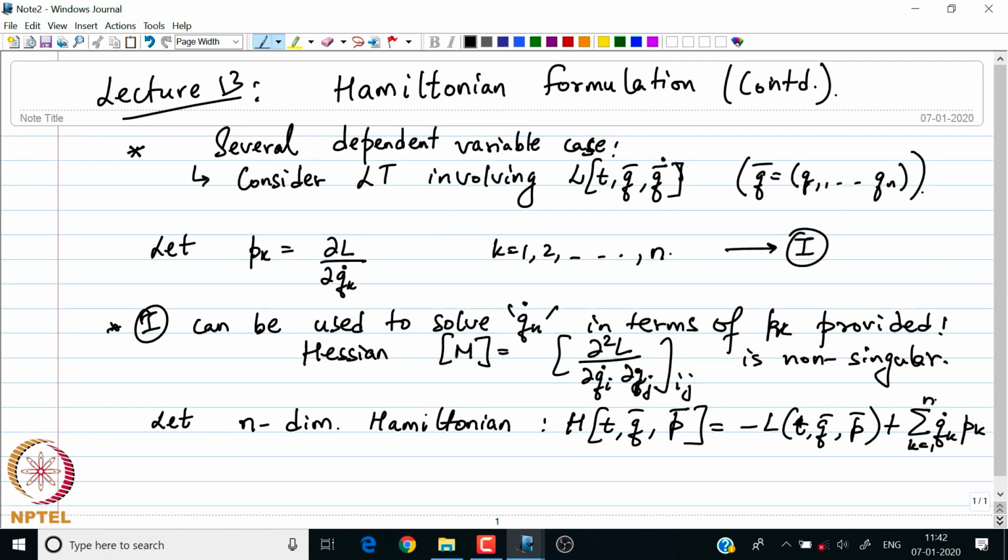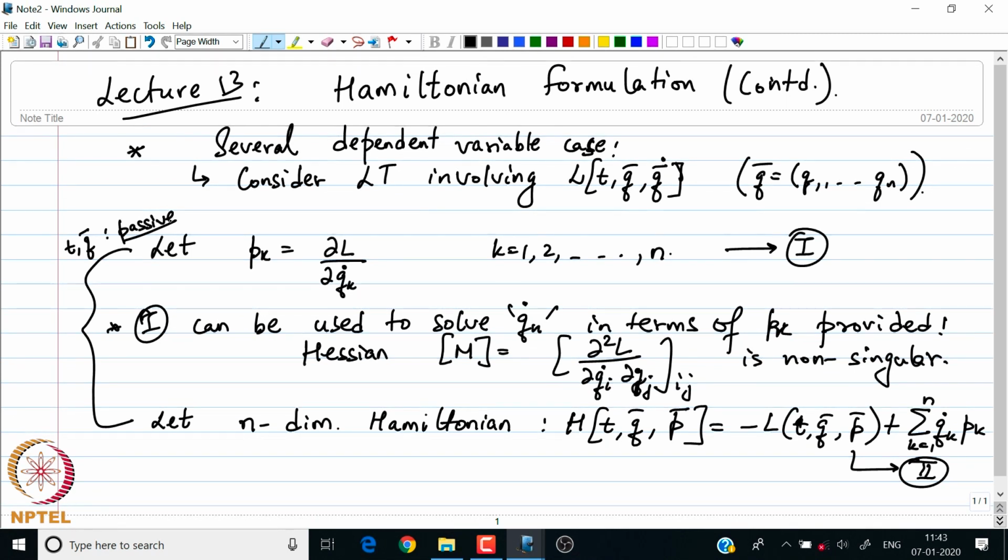So, this is an n component setup. I call this my definition 2. In these two definitions, I have assumed that the variables t and q bar are passive variables, that is they appear implicitly. Essentially my new variables are p and h.